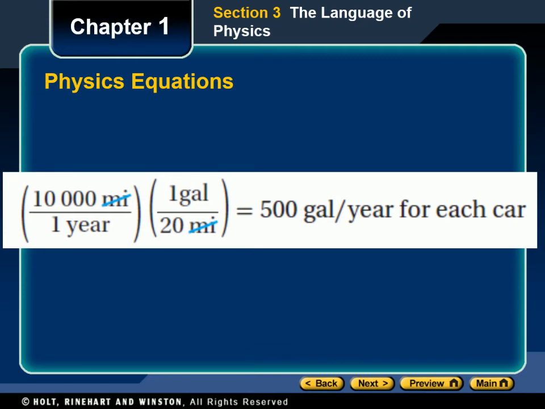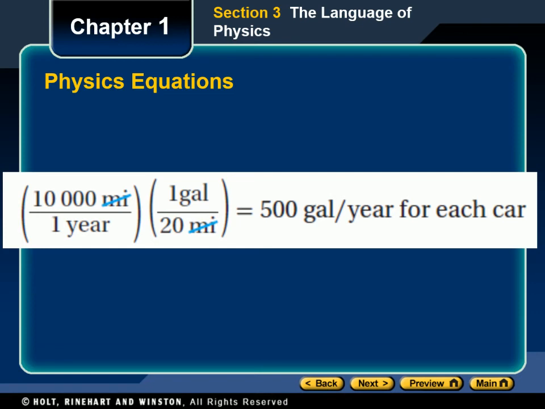Next, consider the order of magnitude of the average distance each car travels every year. Some cars travel as few as 1,000 miles per year, while others travel more than 100,000 miles per year. The appropriate order of magnitude to include in the estimate is 10,000 miles, or 10 to the 4th miles per year.